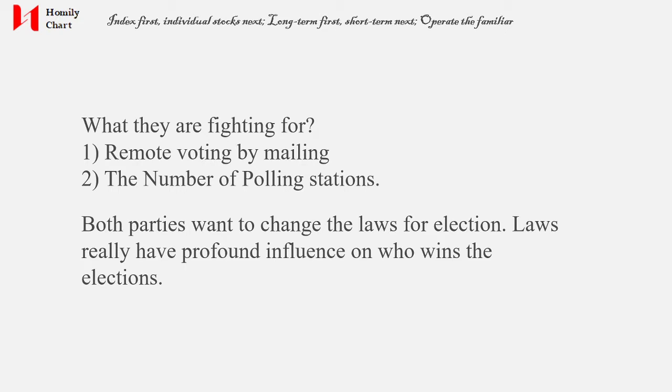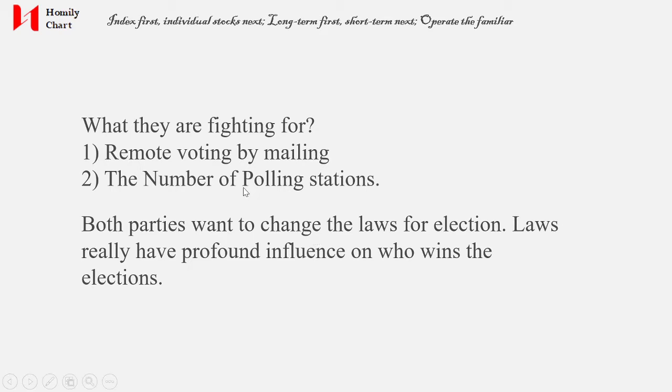Okay, so this is the one aspect within the lawsuits the two parties are fighting over, about whether or not mailing is reliable. And then the second aspect is the number of polling stations.